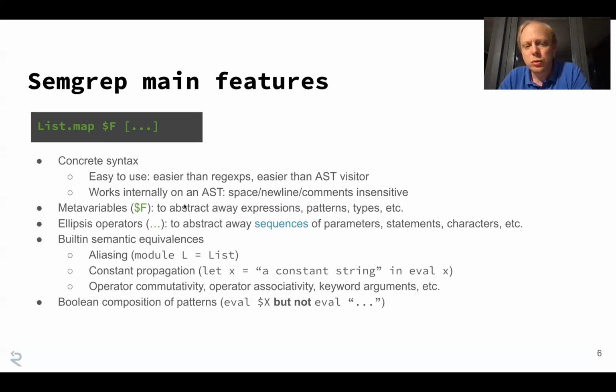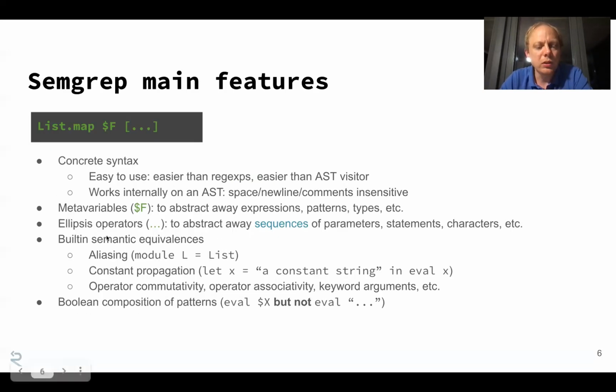And they are used to abstract away things like expressions, patterns, types. Another feature is the use of the ellipsis operator here inside the list literal. And ellipses are used to abstract away a sequence of things: a sequence of parameters, statements, characters. Both of those features are used to make the pattern more general, so the rule can apply to more code.